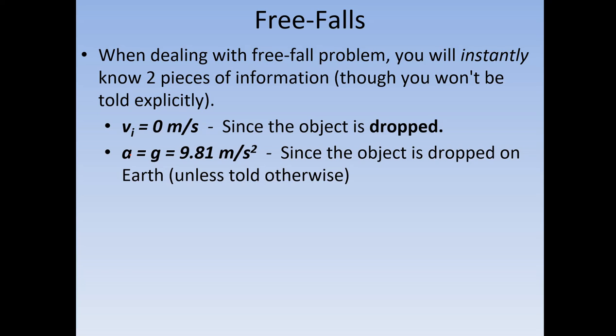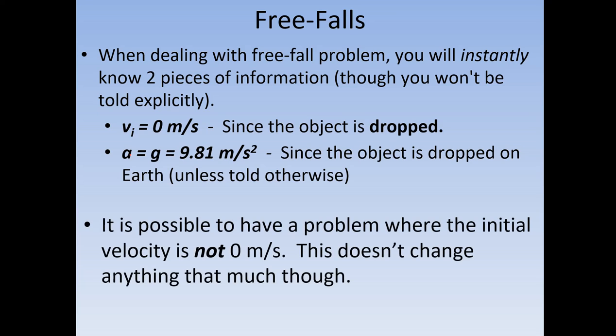So one thing that you can do is start writing your given pieces of information, the ones that pop out, and then think to yourself, well, if I'm using my motion equations, what other pieces would I need in order to find what they're looking for? And then ask yourself, maybe do I know what the initial velocity is? Maybe I know what the acceleration is. Is it possible? And that might remind you that you do know these two numbers.